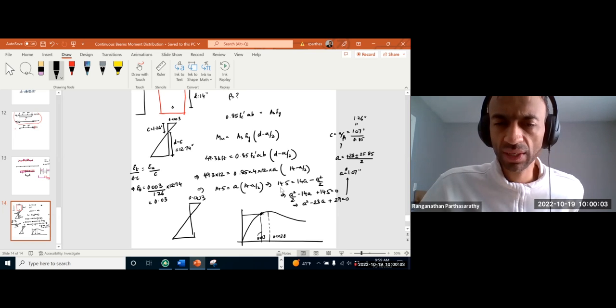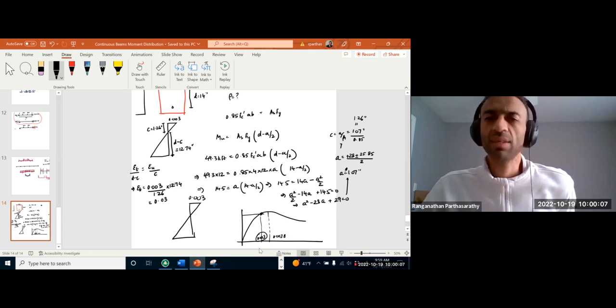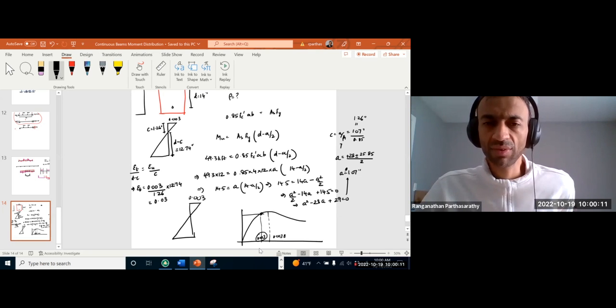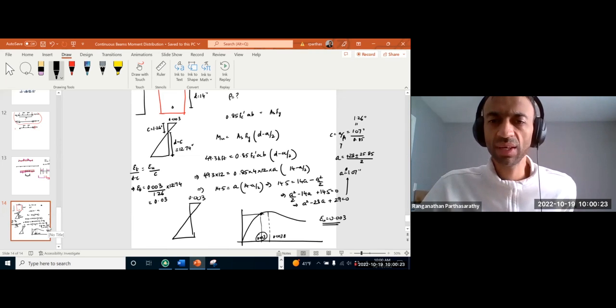This is usually used for nominal moment capacity in ACI 318. When we check the nominal moment capacity of a section, we always take the ultimate concrete strain to be 0.003. But what we did there, we went the full way, all the way past f'c, and beyond also we can do it.